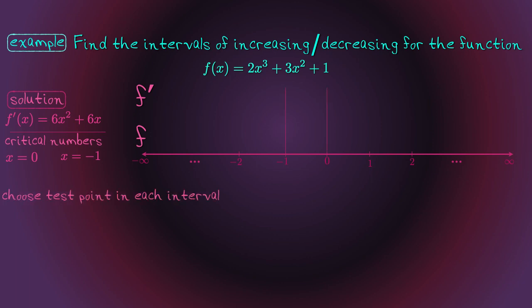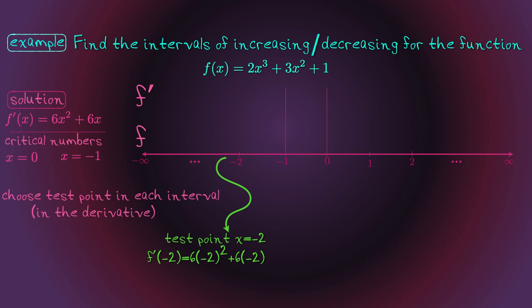So our first test point here, in negative infinity to negative 1, we could choose x equals negative 2. So we get a positive value. If we get a positive value for f prime, that tells us f is increasing.